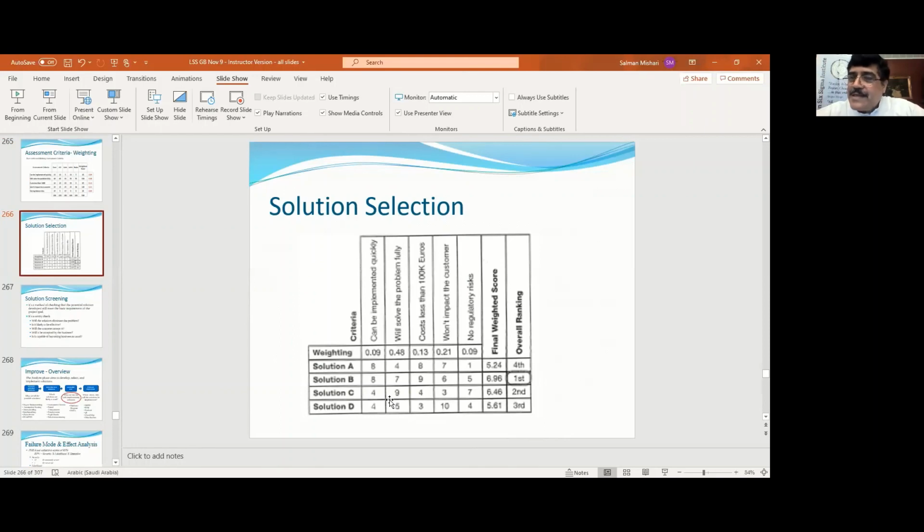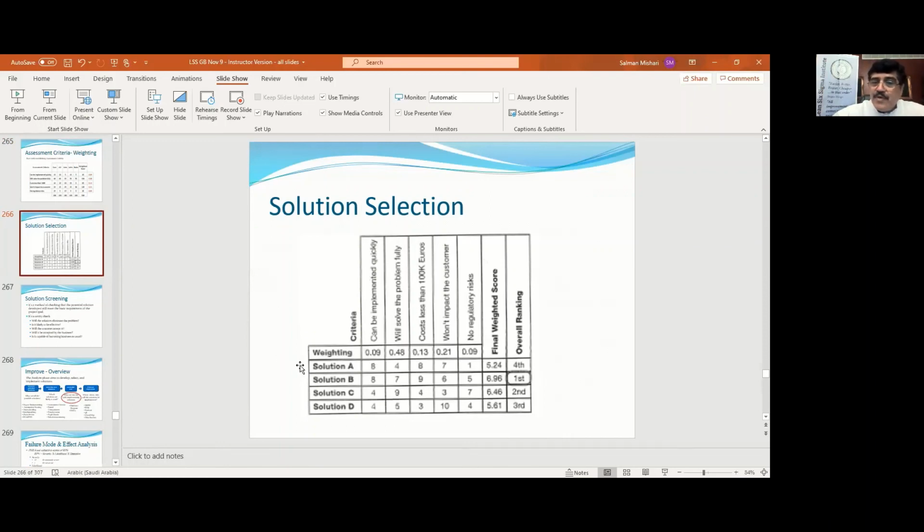We came up with a few solutions. I ask, does the solution really fix my problem or not? Is it really going to be quick or not? So I'm gauging solution A and solution B, all the solutions that came to fix my problem, against these criteria.